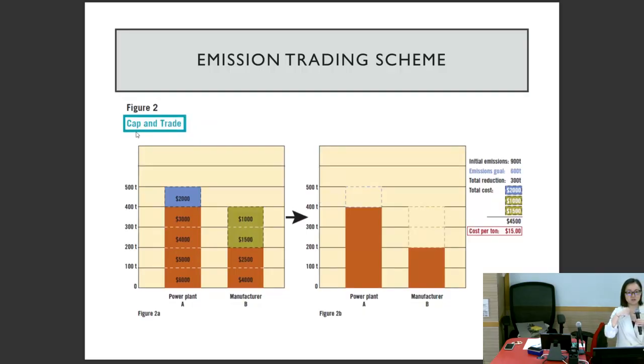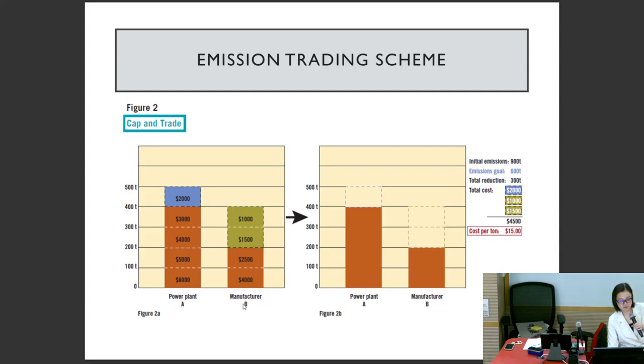So if there is ETS, if there is an emission trading scheme, then manufacturer B has a higher potential to reduce their emissions in a cheap, cost-effective way.